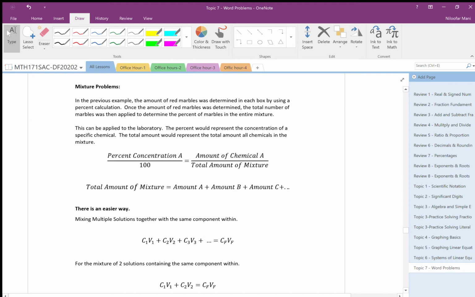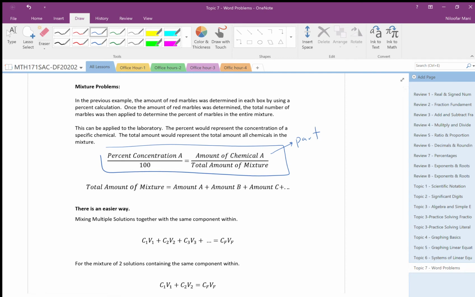So this is what we did. Now look at the formula here. I have part here, the amount of chemical A. Now I can think about a mixture, the total. I have part A, that's chemical A inside a mixture, and the mixture is total. Here is percentage.